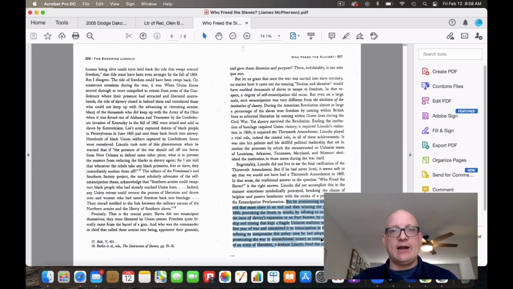Not the South dictating the terms of reconciliation, but the Union government, the federal government of the United States, getting to fully dictate the terms of how the Southern states will be brought back into the fold. That is all key to the 13th Amendment, 14th Amendment, and 15th Amendment being passed. These Reconstruction amendments.